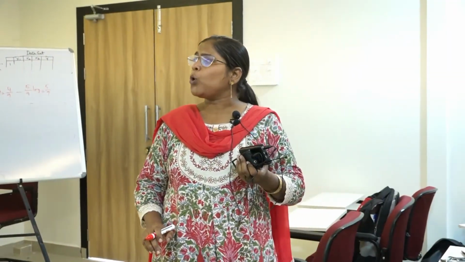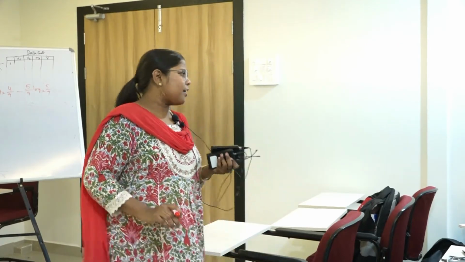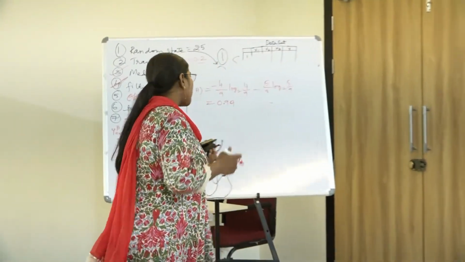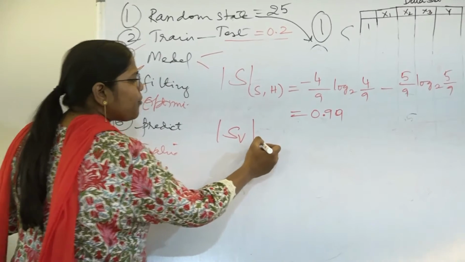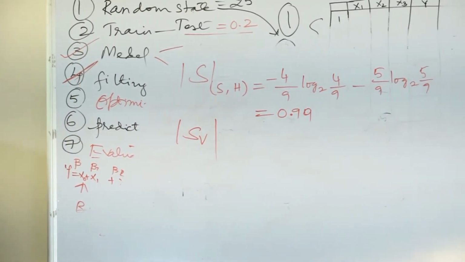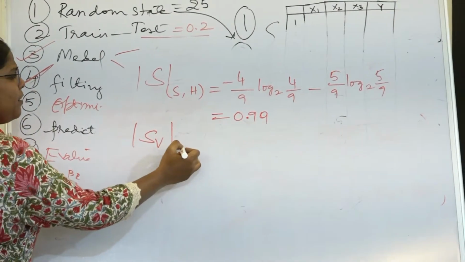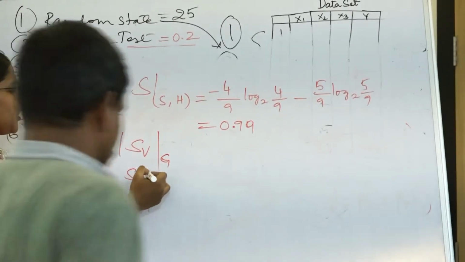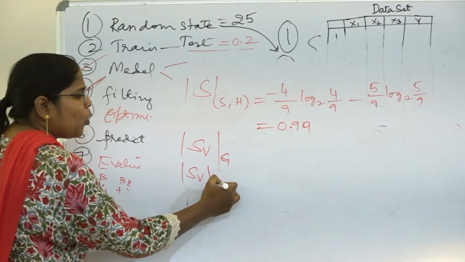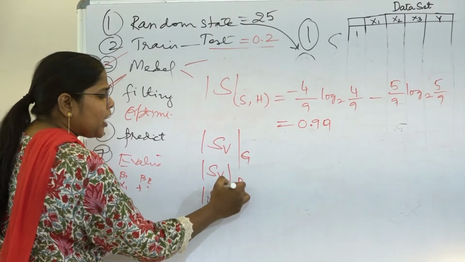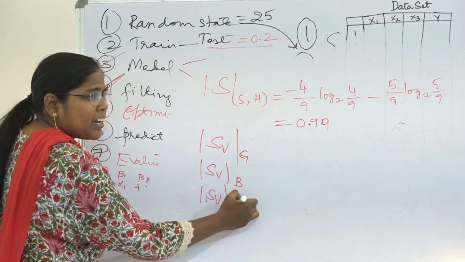Green, blue and red. Okay. So, I need to calculate the entropy of green, the entropy of blue, and the entropy of red.